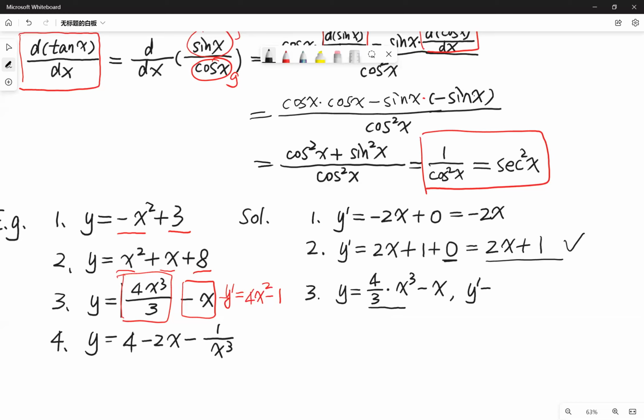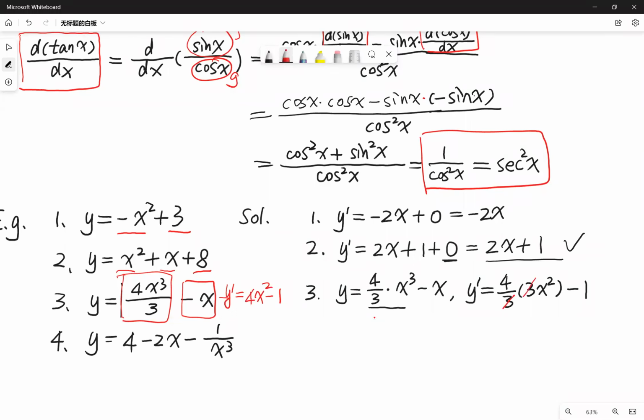So y prime equals 4/3 times 3x squared minus 1, right? And you should simplify the final answer here. 4x and 3 should be cancelled.